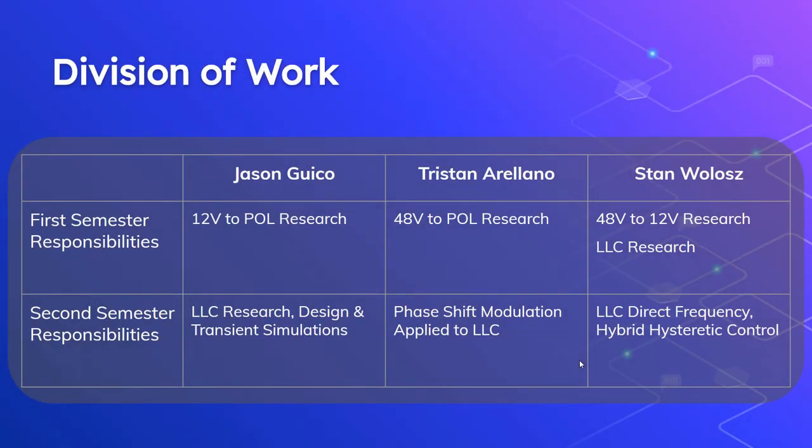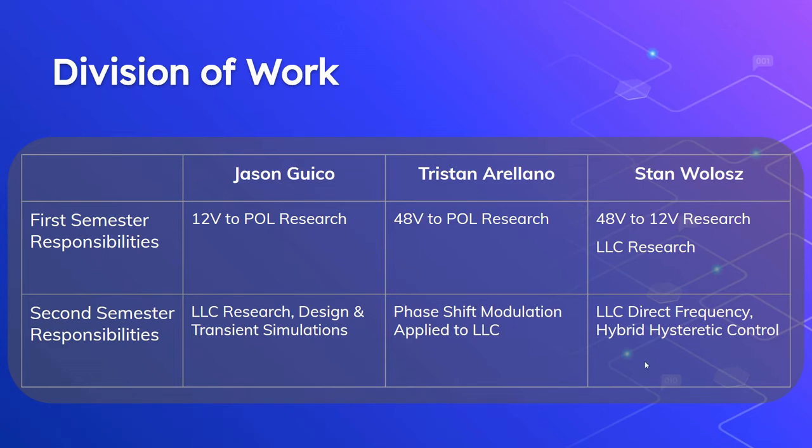This was how the work was divided up among the three of us. I was responsible for 12 volt to point of load, Tristan for 48 volt to point of load, and Stan for 48 to 12, as well as doing research on a converter topology called LLC, which you'll find more details about in Stan's video. Here you can see what our second semester responsibilities were as well.